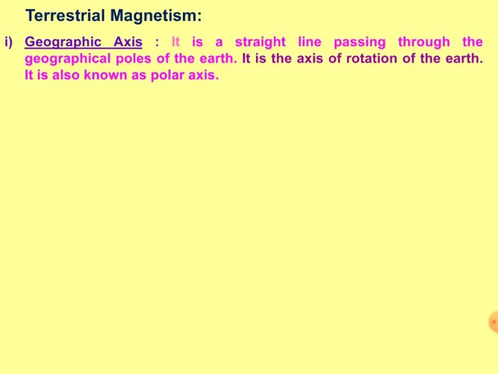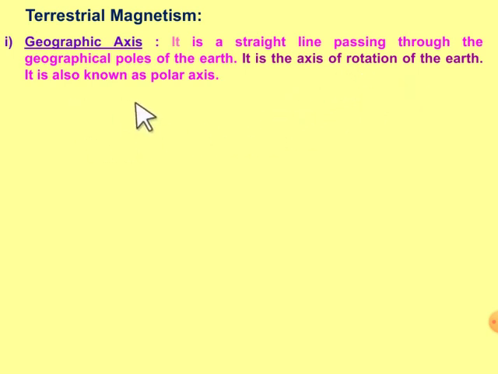That means if you draw a line from the north pole to the south pole, passing through the geographic south pole and geographic north pole, that line or axis is known as the geographic axis. This axis is the axis of rotation of the earth.